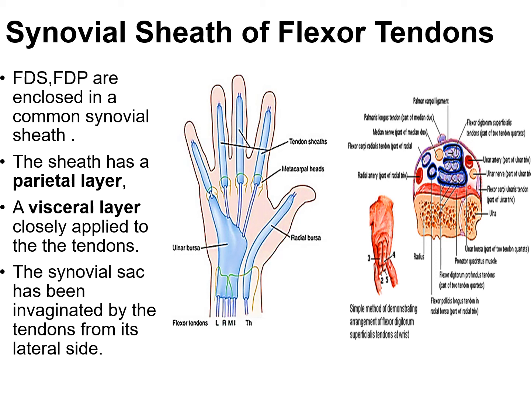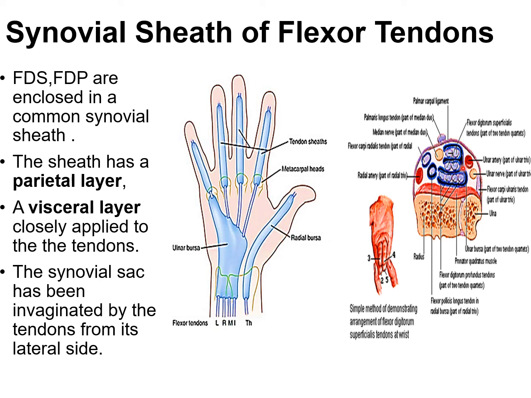If we see the arrangement of these tendons, the flexor digitorum superficialis tendons, as already discussed, are divided into sets of superficial and deep, and the deepermost layer here is signifying the tendons of flexor digitorum profundus. So the synovial sheath has the parietal layer lining the walls of carpal tunnel, and the visceral layer which is closely applied to the tendon.